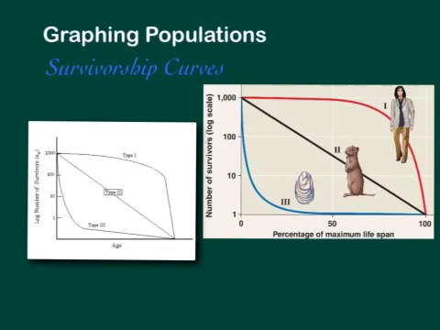Type 2, your death rate is constant throughout your whole life, like a squirrel. And type 3, your death rate is very high at a young age, but once you reach a certain age, you're more likely to survive, like an oyster.